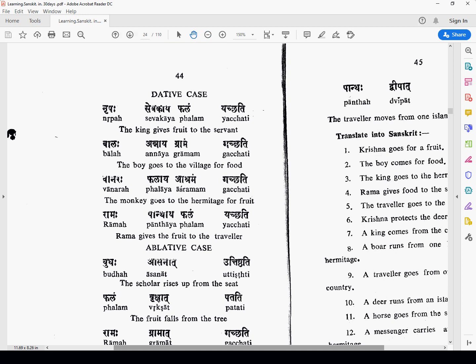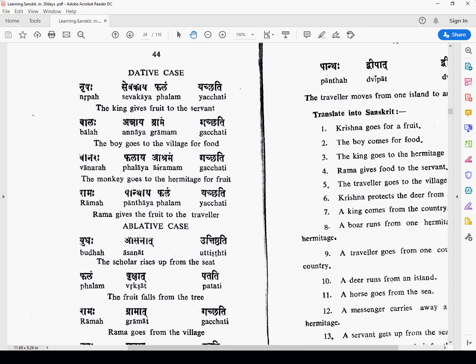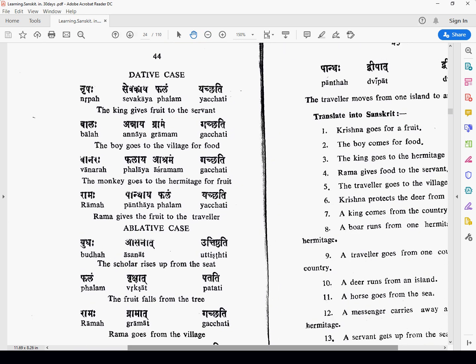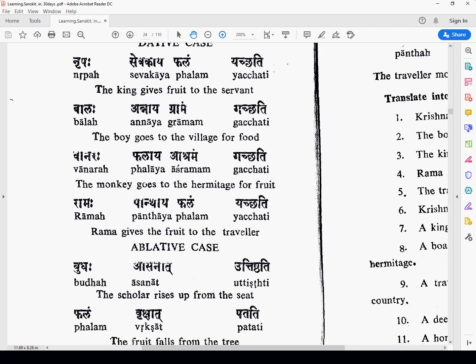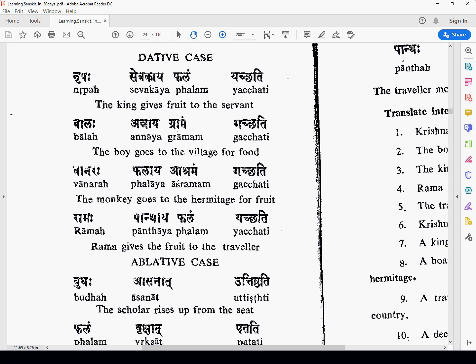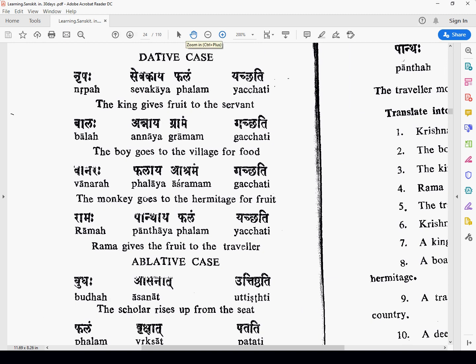And now the fourth case ending, which in summary we have already seen before, but a few more examples here, is called in English the dative case. Example here.